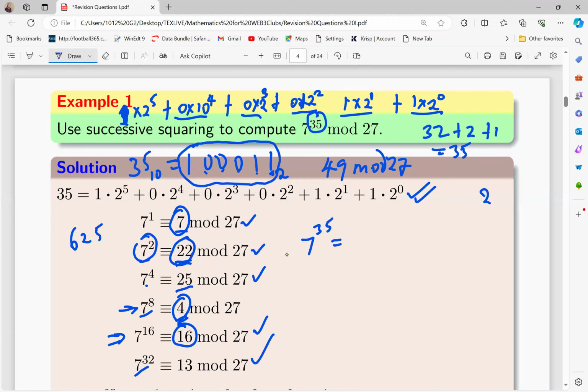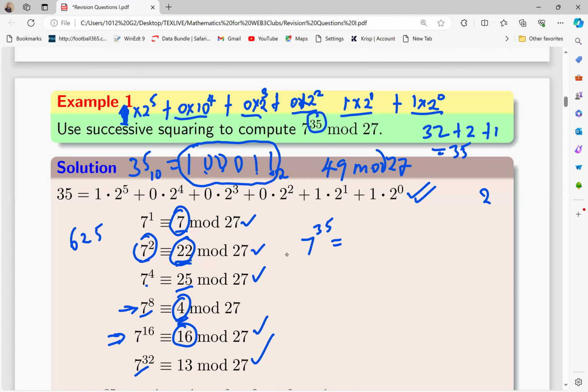If I have that binary number, I know the way we had already said, it will be A naught times B naught. Is that okay? So our A naught is this 7, and our B naught is this one.